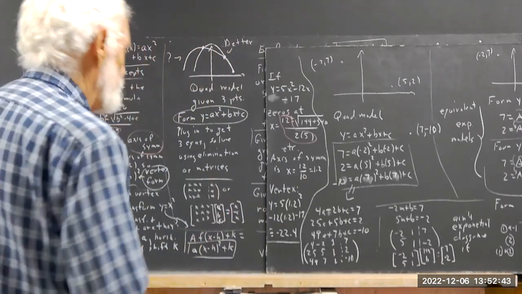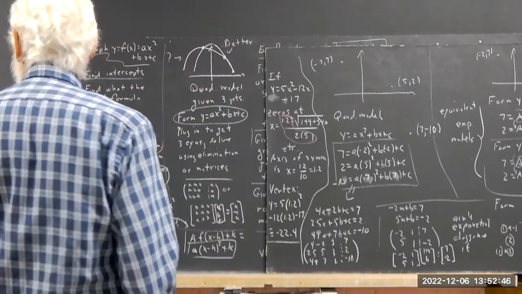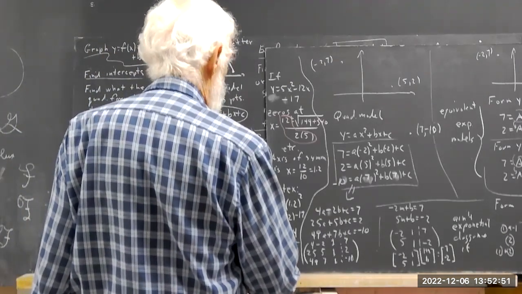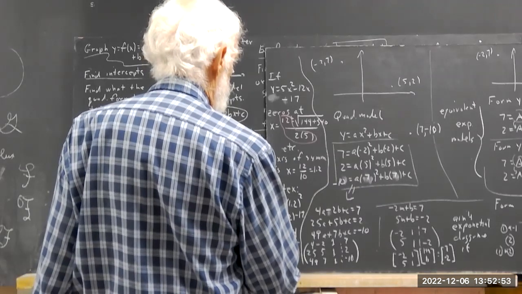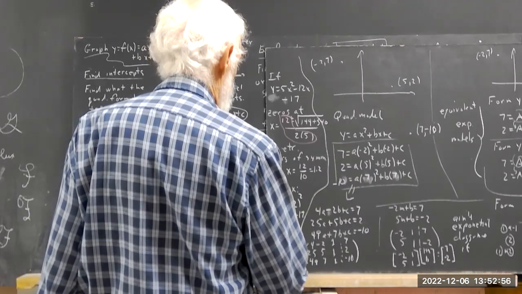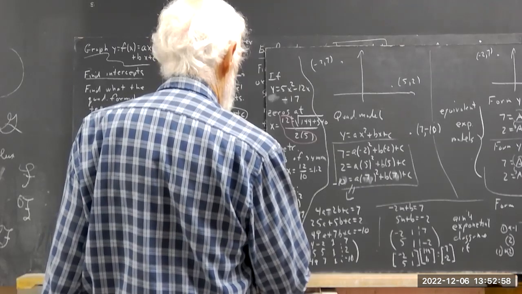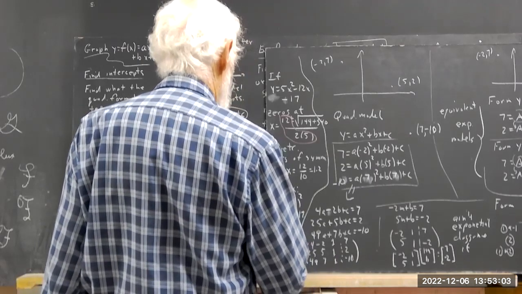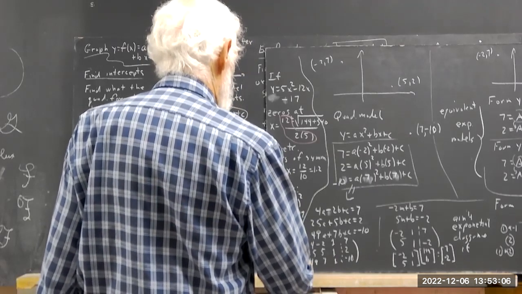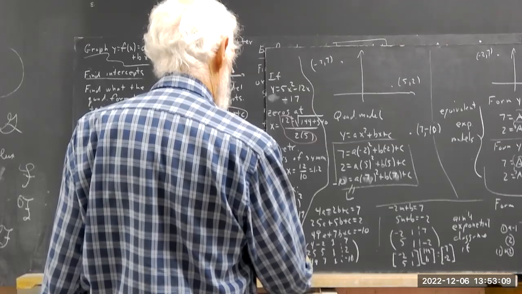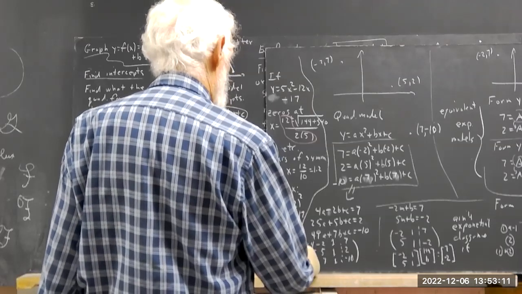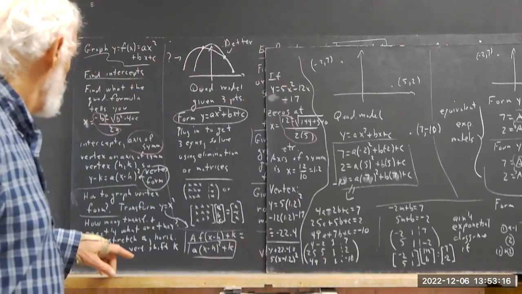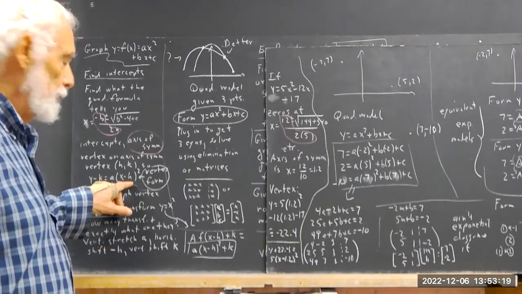The vertex form, and I'm really running out of room, we're out of time, is y minus k equals a times x minus h squared.